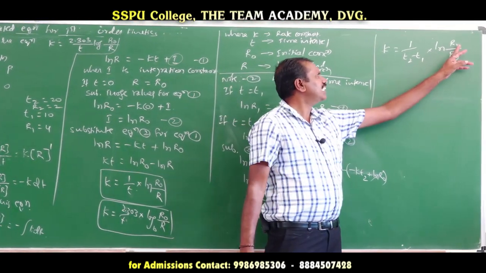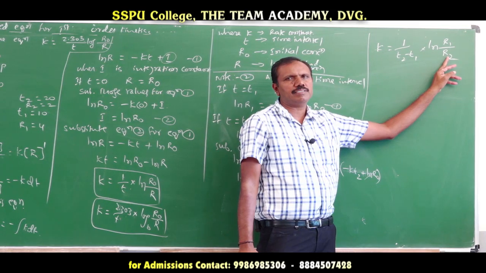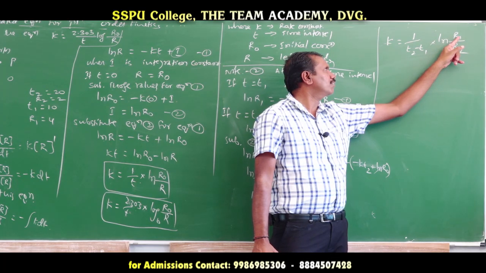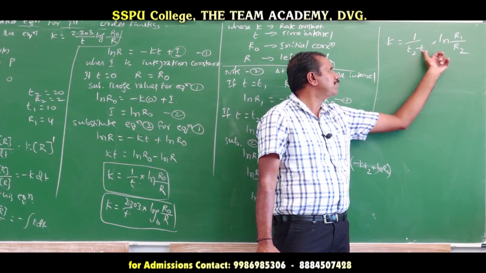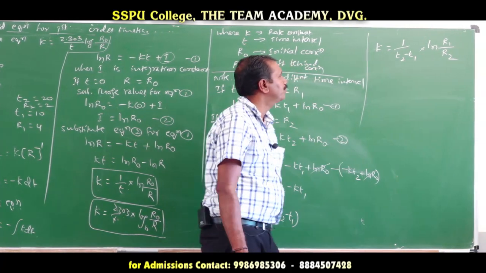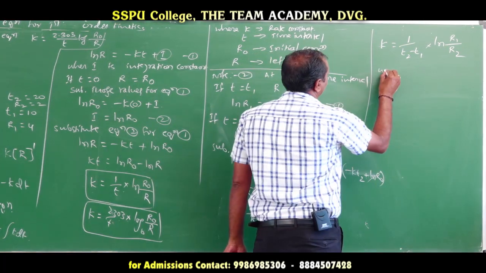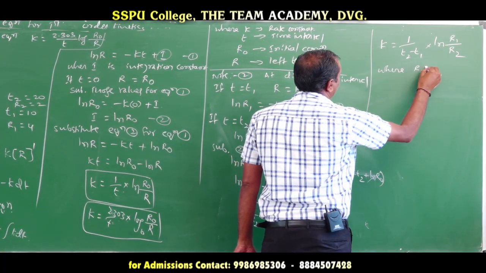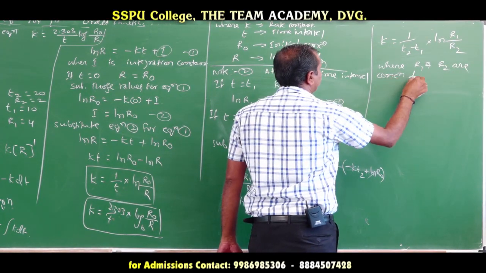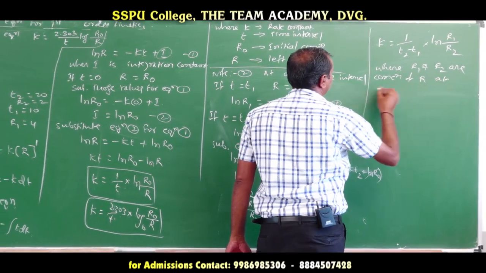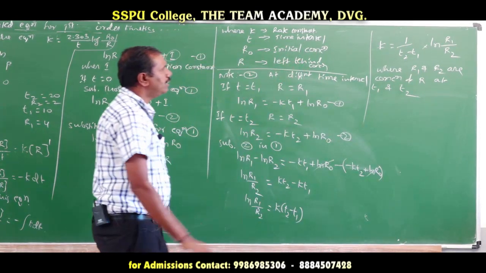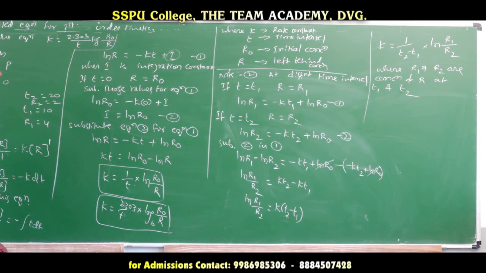Here R1 is the concentration of R when time is T1, and R2 is the concentration of R when time is T2. So R1 and R2 are the concentrations of R at T1 and T2.